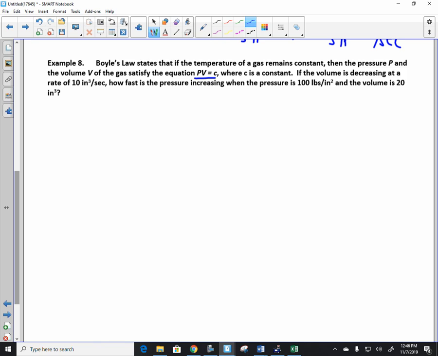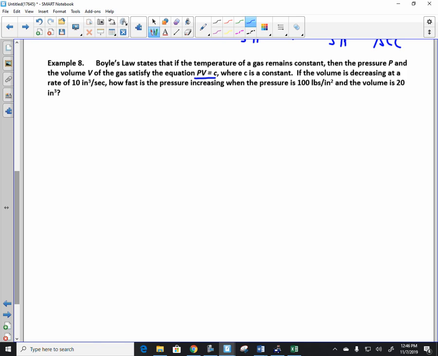So the idea is that if you decrease the volume, the pressure is going to increase, right? And if you increase the volume, the pressure will decrease. So you just think of a balloon. If you were to squeeze that balloon and decrease the volume of it, eventually it might pop because the pressure will then increase, right? As one goes up, the other one goes down.